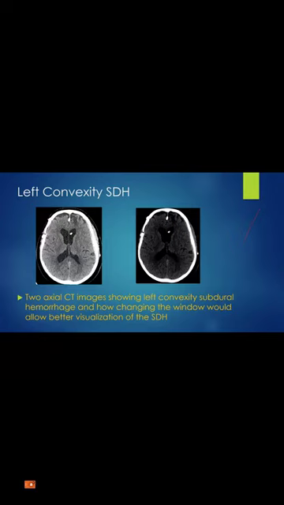Here we see the importance of the windowing. As you see here, this is the subdural window, and it shows the dense left convexity subdural hemorrhage. And maybe here it's blending with the bone, so you might not be able to actually recognize it, specifically if you are maybe a general radiologist or a junior resident.